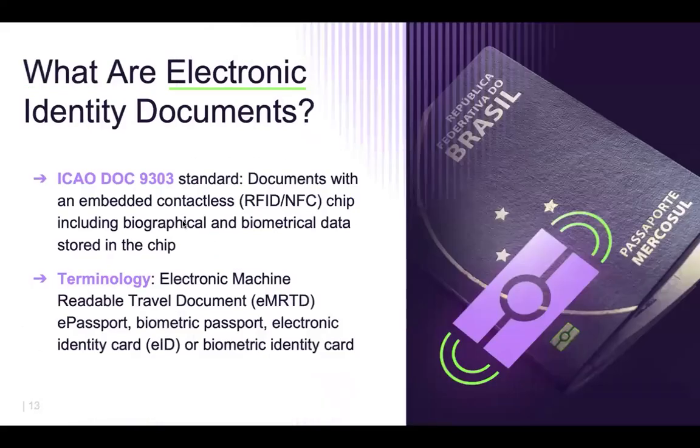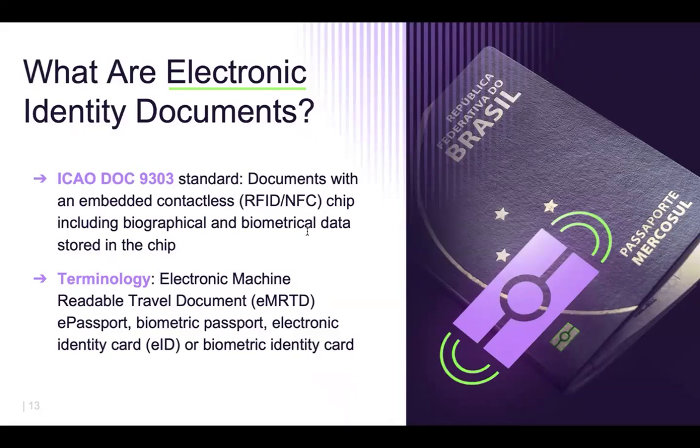Now let's focus on what we call biometric identity documents. Since 1980, the International Civil Aviation Organization, ICAO, has been standardizing travel documents to ensure their international integration. The first attempt to use RFID technology in identity documents was the Malaysian electronic passport, issued almost 30 years ago.